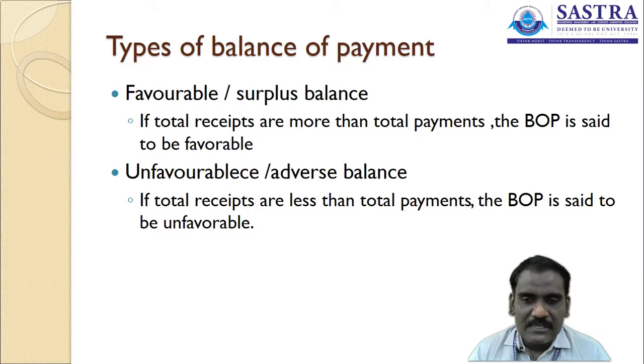The favorable or surplus balance is defined as the total receipts being more than the payments, so the balance of payments is favorable to the country. The total receipts are calculated together as the total value of exports of goods, plus the total value of exports of services, plus the total value of capital receipts.